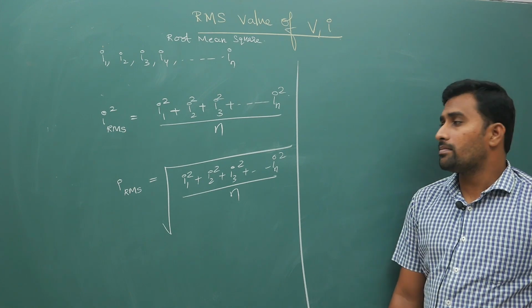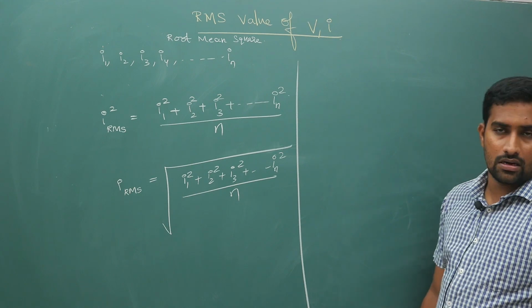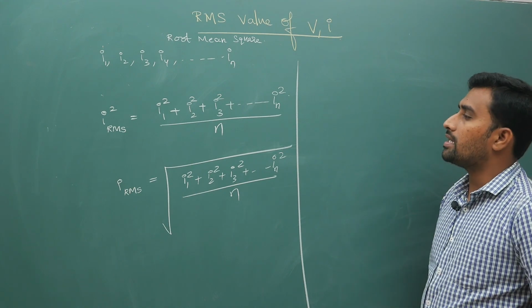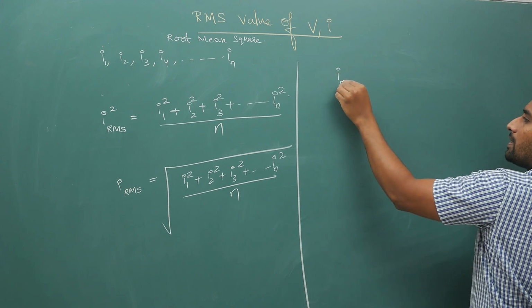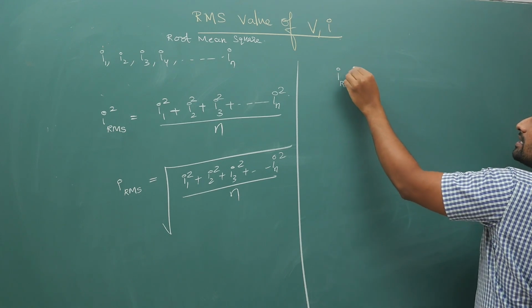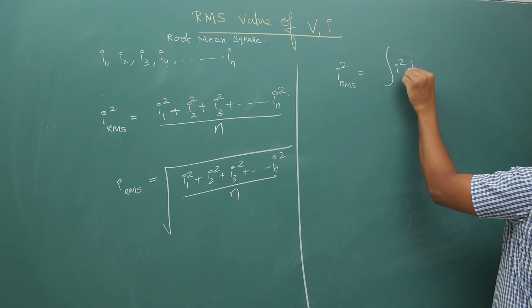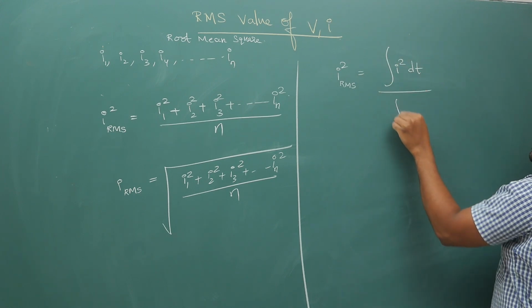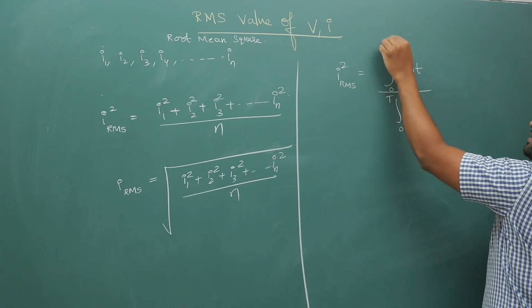Now coming to a mathematical function, many people often do something silly. Whenever you are given trigonometric functions, your I RMS square is the integral of I square dt by the integral of dt, from some time t1 to t2.